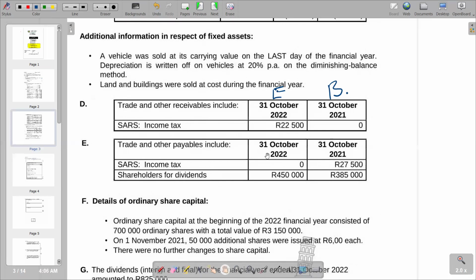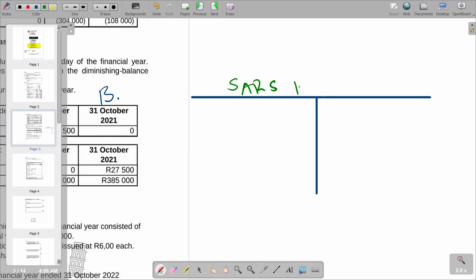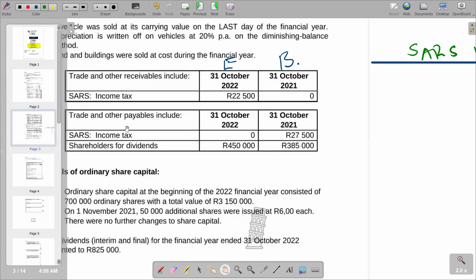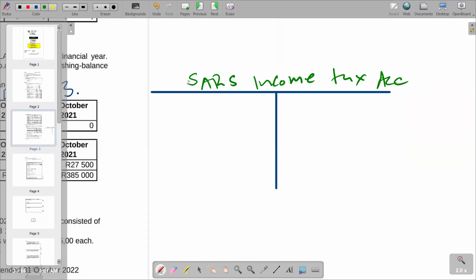To calculate it, we can present it in the form of a T account, with the SARS account. We are given trade and other receivables, and also trade and other payables. We should take note that if the balance is under trade receivables at the beginning, it appears on the credit side.